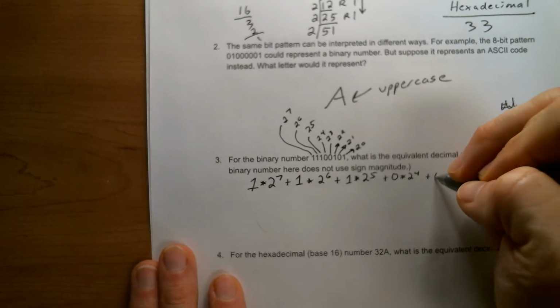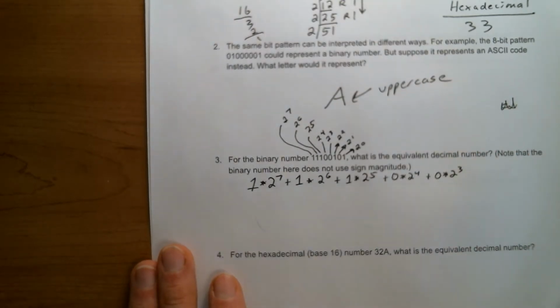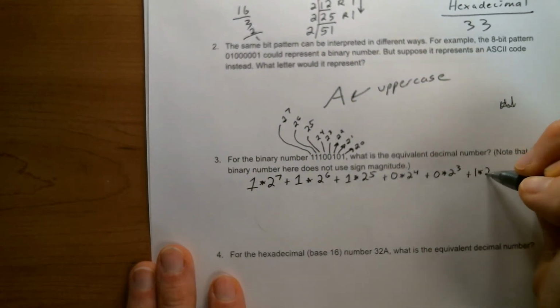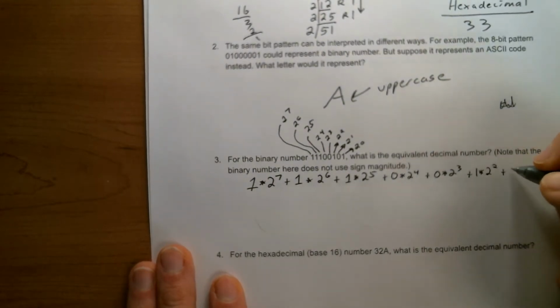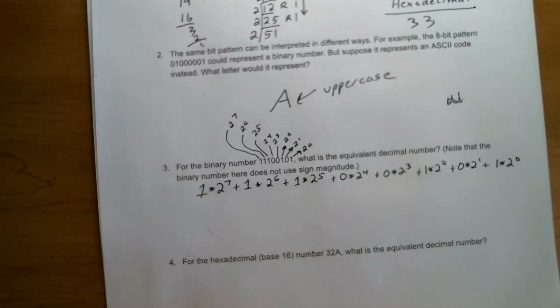And yes, technically you're doing 0 times 2 to the 3rd, but again, that's going to get wiped out because it's 0. Then we have a plus 1 times 2 squared. We have a plus 0 times 2 to the 1st, which will get wiped out. And we have a plus 1 times 2 to the 0. All right, so that's what's happening here.